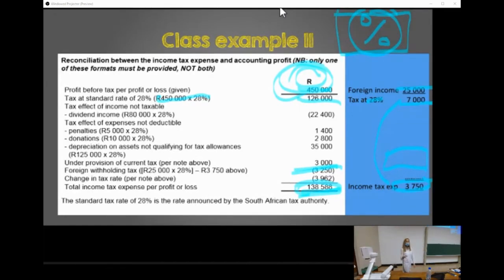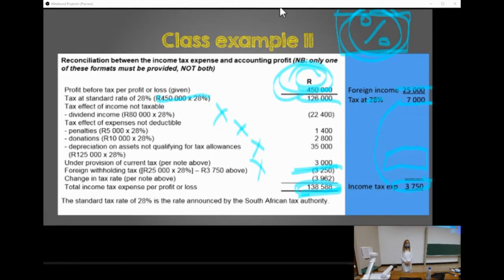But if I give you the option to choose, do the rand format, because in your calculations for the percentage format, you will have an additional calculation that you will have to do for each line item. So each line item you will have to go and divide by the profit before tax to get to the percentage difference. Okay, so stick to the rand format if you have the choice while you're studying. Otherwise, remember out in practice you can use either method. Good.